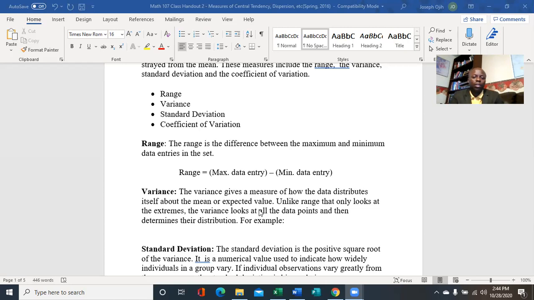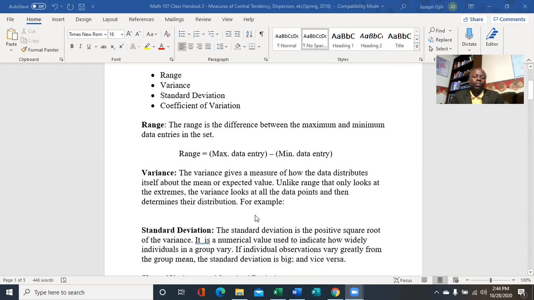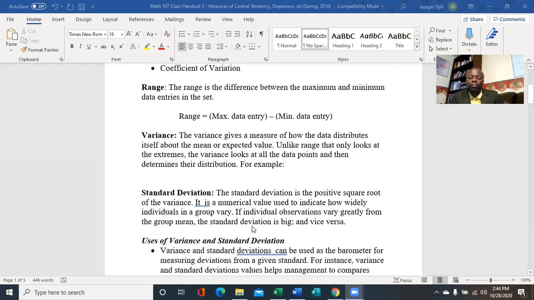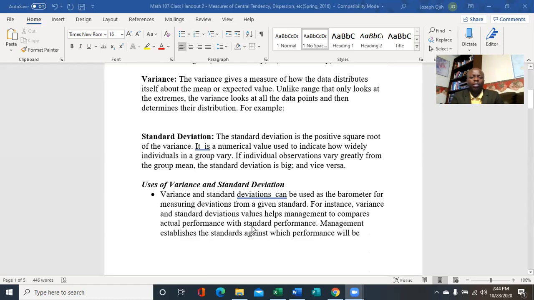Okay. So now the standard deviation simply means the square root of variance. That gives us the standard deviation. So they still give us how far the data values have strayed from the center or from the mean.